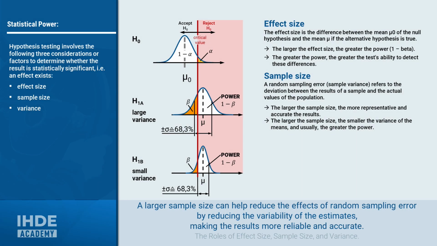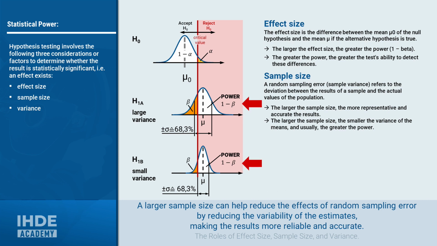Another influencing variable is the sample size. A large sample provides more accurate values than a small sample. This means that with large samples, the mean of this sample deviates less from the mean of the population than with small samples. This leads to a smaller variance of the values, as can be seen clearly in comparing the two curves.